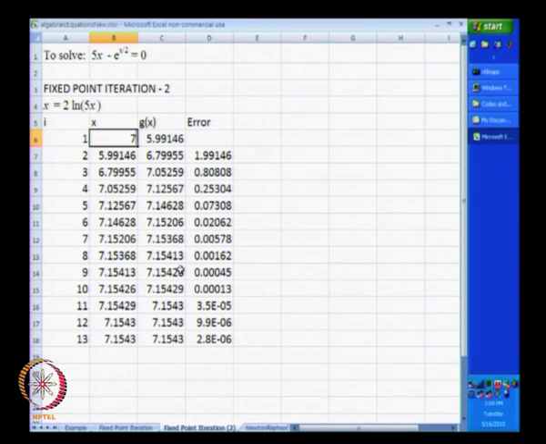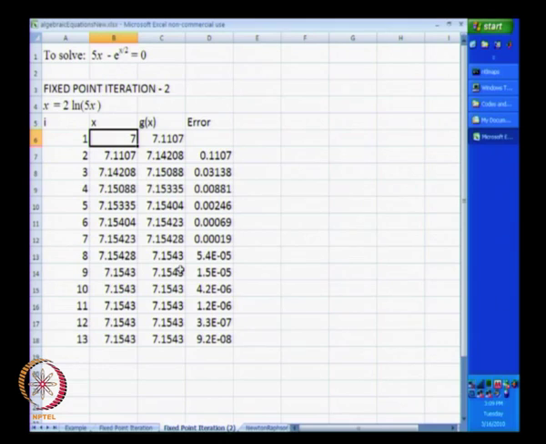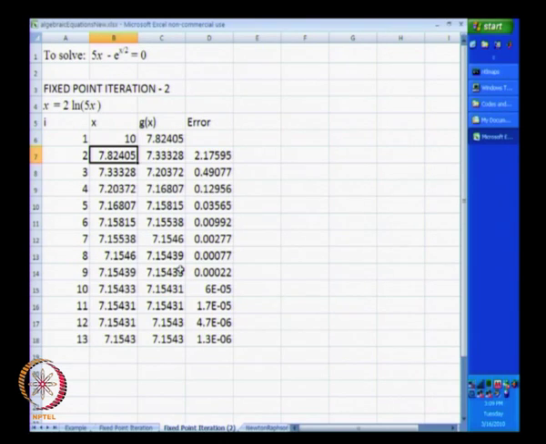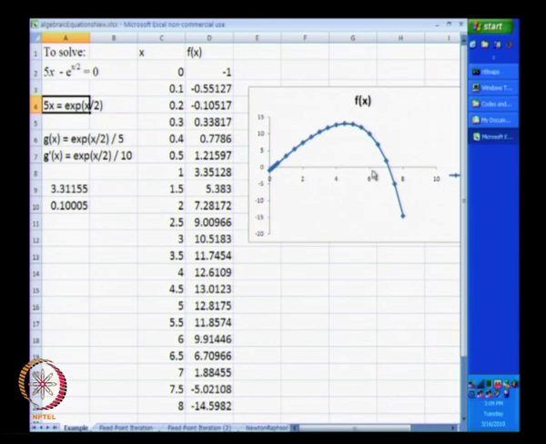If we take the value equal to 7, again we converge, and if we take the value equal to 10, again we see that we are converging to the solution 7.15, which essentially means that from this range onwards right up to infinity, no matter where we start off with that particular form of fixed point iteration, we will end up at this case. Okay.